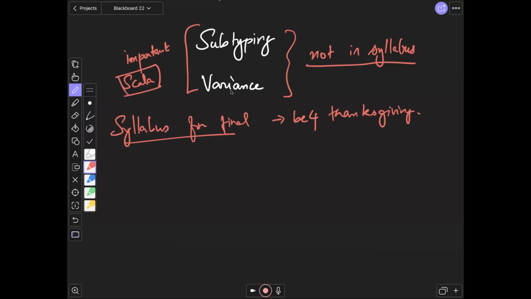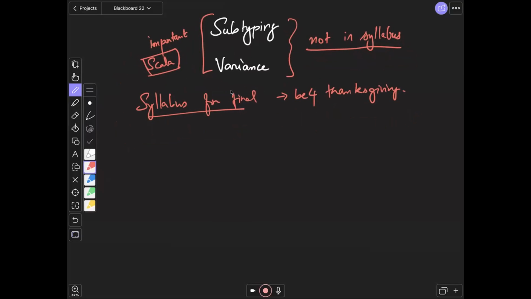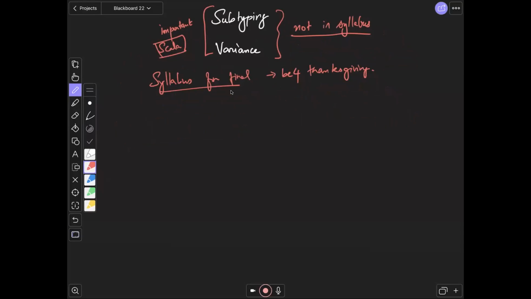A lot of big companies like Apple and Twitter have huge development teams that work especially in Scala. So since we spent the semester doing Scala, it's very important to wrap up some of the important topics in Scala, which are very specific to Scala and the way Scala does things.